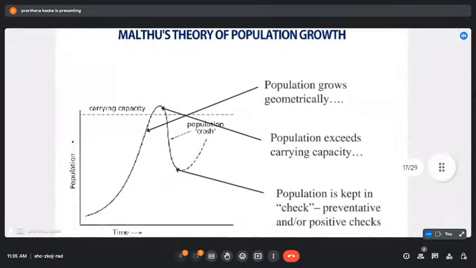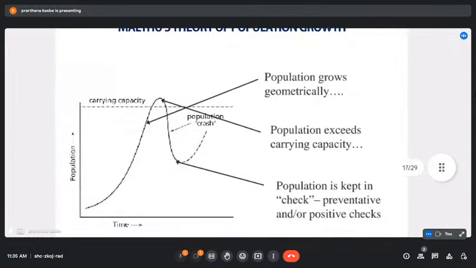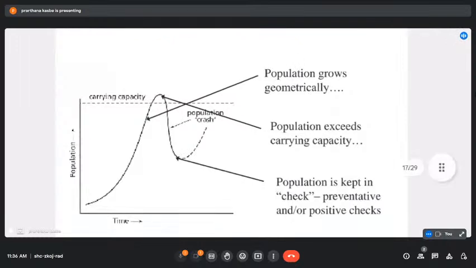So this is the Malthusian population growth. Here the y-axis shows the population and the x-axis shows the time period. So the curve showing the population growth is geometric, and we know that the population grows geometrically in nature and the food supply grows arithmetically in nature.